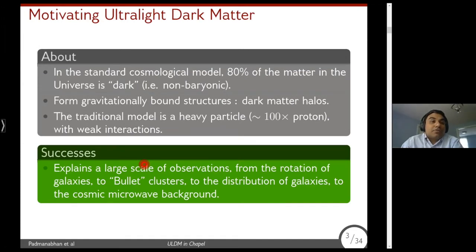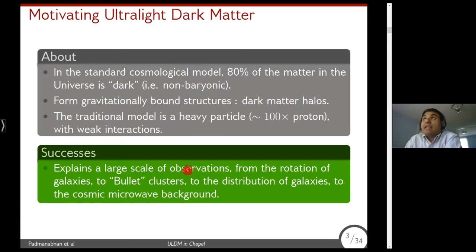Now, the reason we're all so enamored with this idea of dark matter is it's had a large number of successes. It explains a large scale of observations from rotations of galaxies to clusters of galaxies shooting through one another and how they interact, to the largest scales that we can observe in the universe, mapping out the distribution of galaxies, all the way out to the earliest light that we see from the Big Bang.